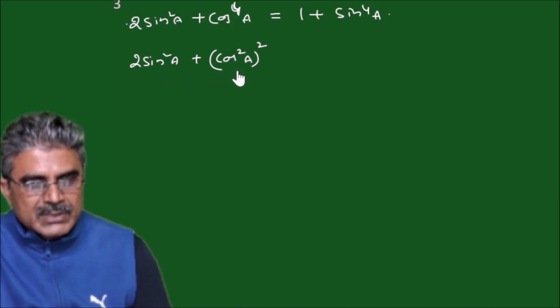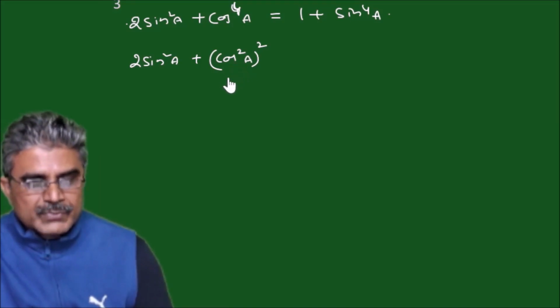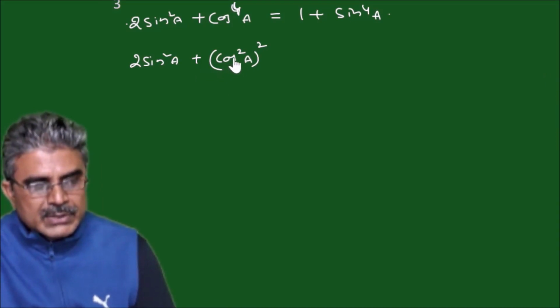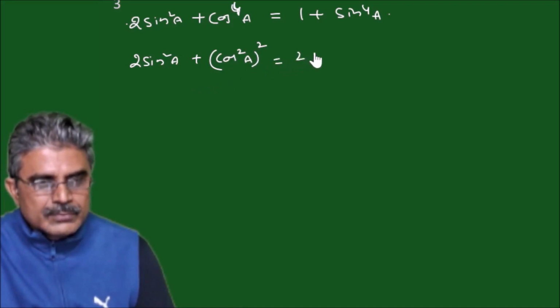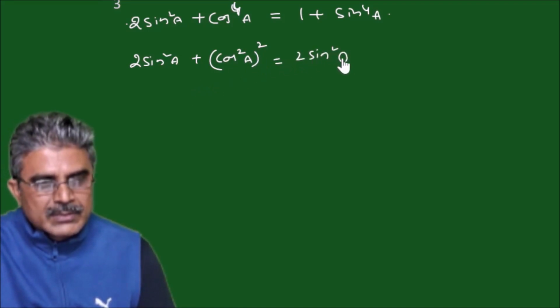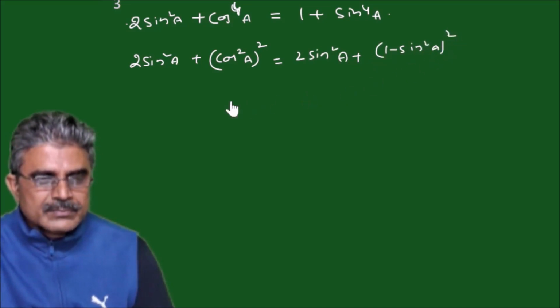Maybe if I expand this one I may get another cos²A, so that I can make it unity using the identity. So I put (cos²A)², which is equal to 2 sin²A plus, for cos²A, I can write (1 − sin²A)².